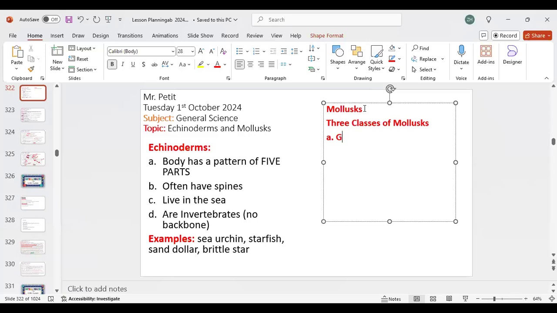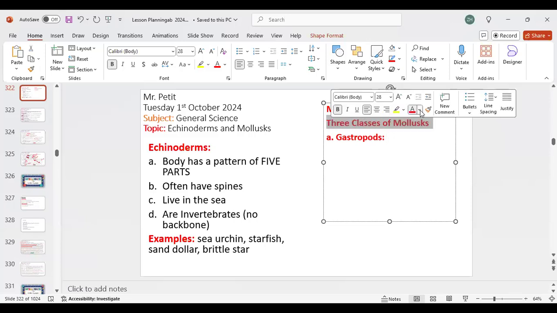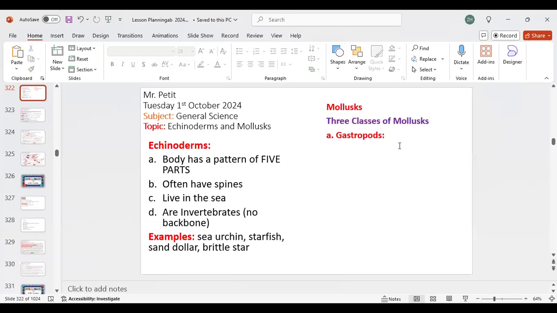The gastropods. Gastropods, and bivalves. So the gastropods, let me just color code this properly. The gastropods are the ones that have 1 shell.